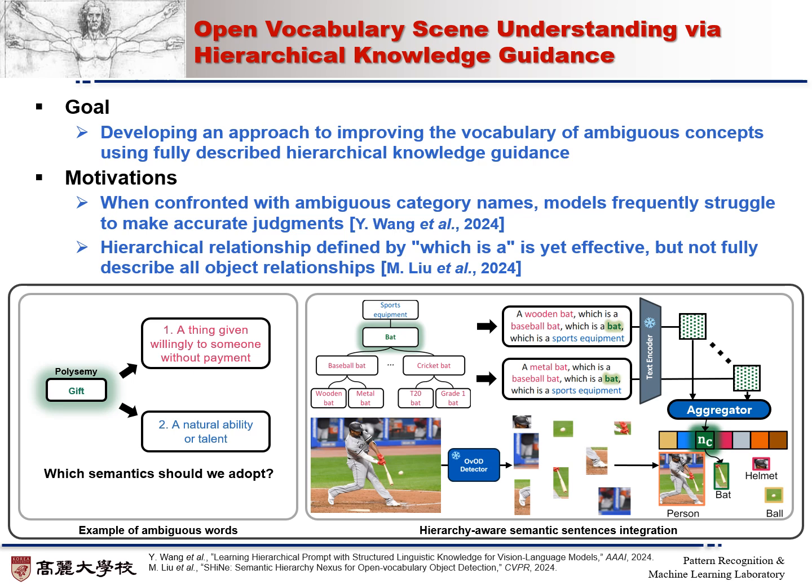One example of an ambiguous category is polymorphous words, which often leads to difficulties in detecting objects because the model has to decide which meaning to adopt. Therefore, I can say that hierarchical knowledge guidance helps us to define the relationship between objects, which helps us to accurately determine and detect objects.